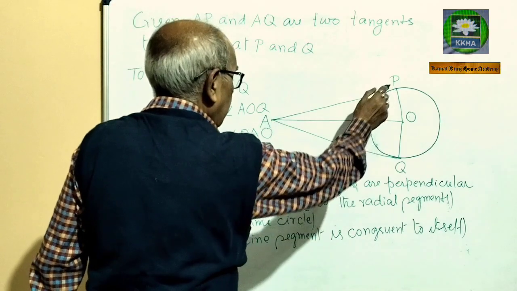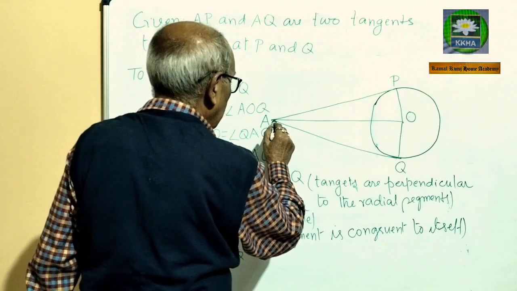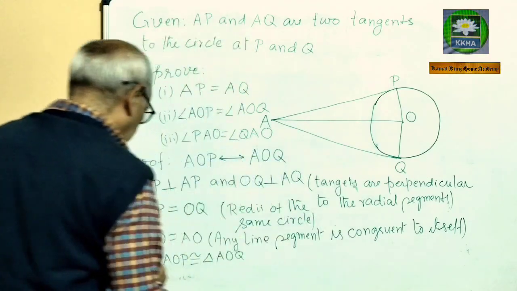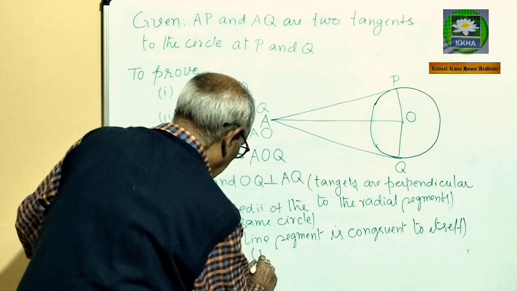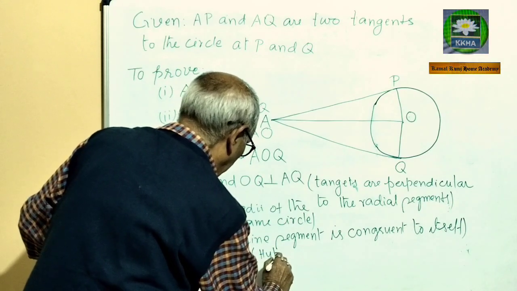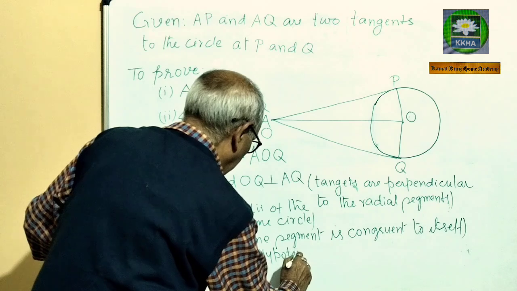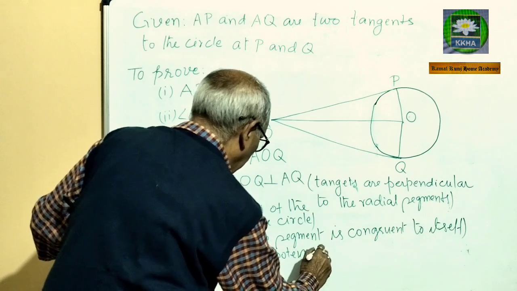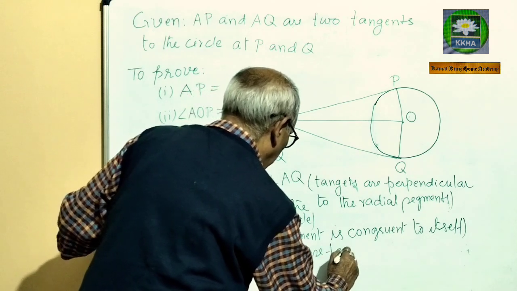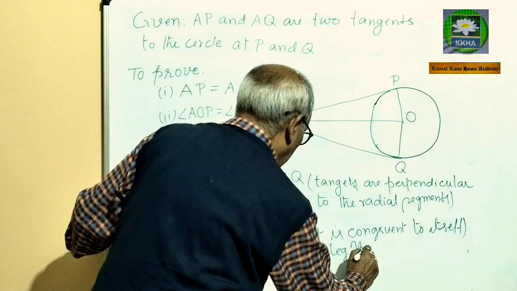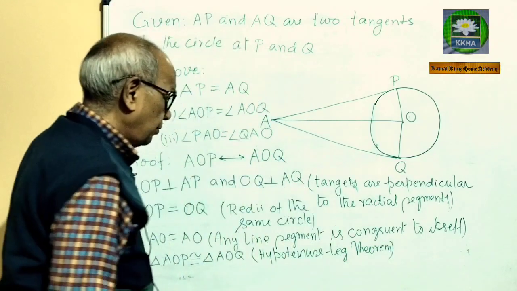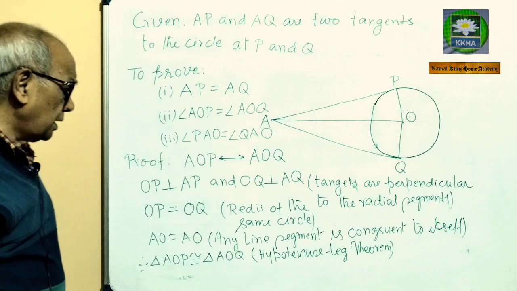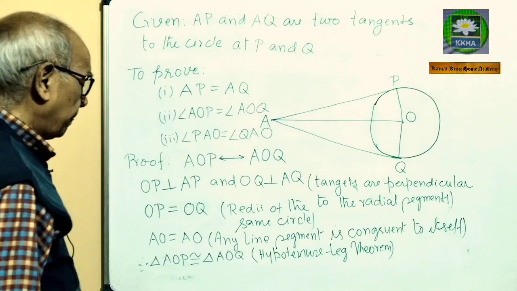This is by the hypotenuse leg theorem. By the hypotenuse leg theorem, both the triangles are congruent.